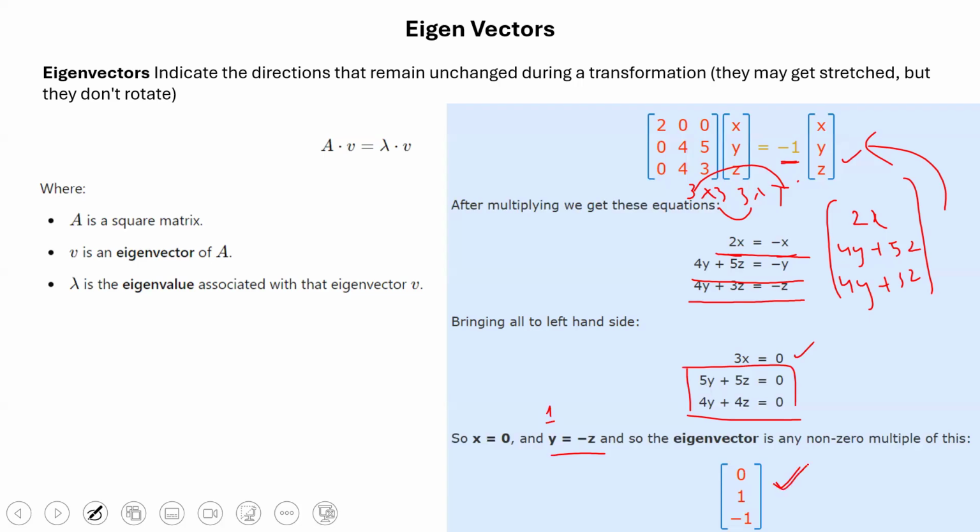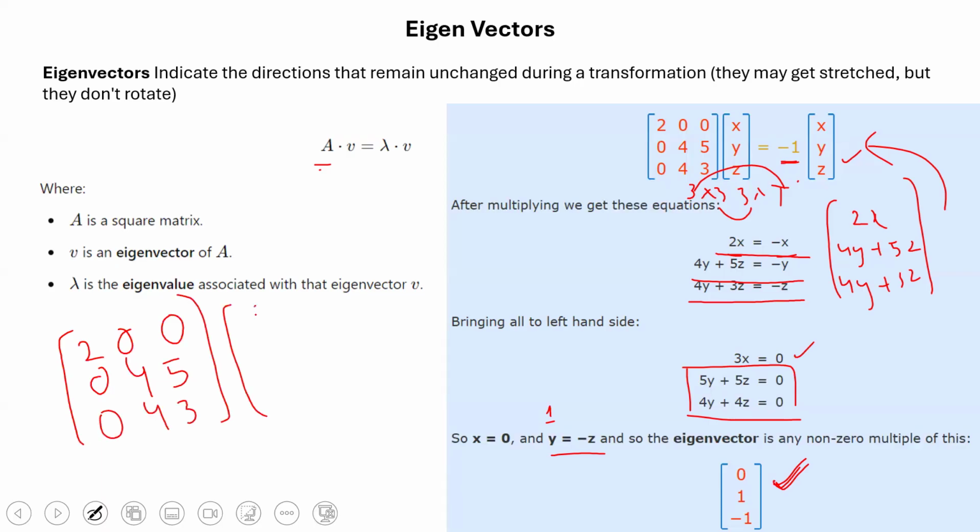Now this is one of my eigenvectors. If I transform matrix A with this eigenvector, which is (0, 1, minus 1), what happens? Look at the result. Eigenvectors indicate the direction that remains unchanged during transformation.